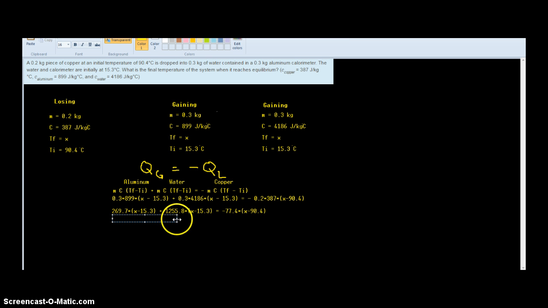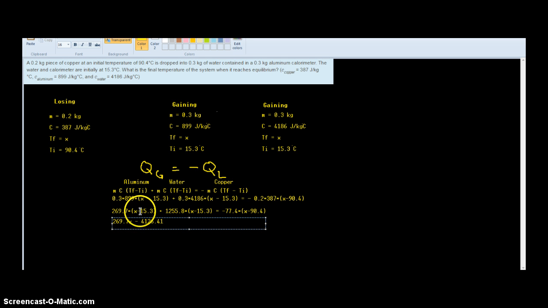So now if I multiply the 269.7 times the x, I get the same thing, 269.7x. But now I still have to distribute that minus 269.7 through to the minus 15.3. When I multiply those values, I end up with minus 4126.41. Okay?